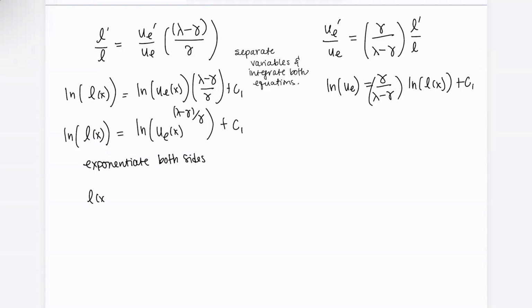And I get that L of X is equal to some other constant coefficient out front times UE of X raised to the lambda minus gamma over gamma power.